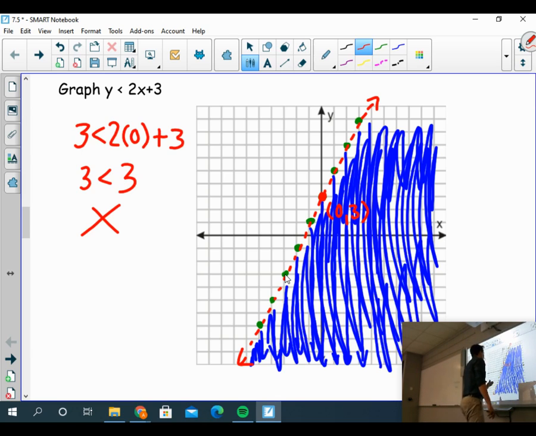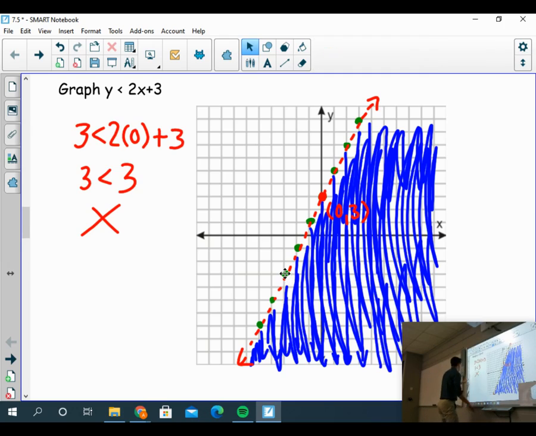But points on the line will not make our inequality true. So we will have a dashed line acting as our boundary to indicate to the reader of the graph that no points on the line y equals 2x plus 3 will make the inequality true.